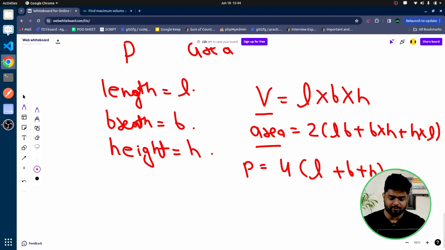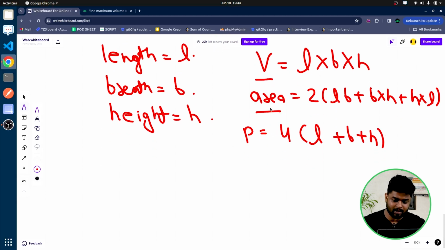Similarly breadth will also be added 4 times, and height will also be added 4 times for the perimeter. Now I have been given the perimeter and the area already. What we have to do is substitute the values and try to maximize the volume, which is length into breadth into height.